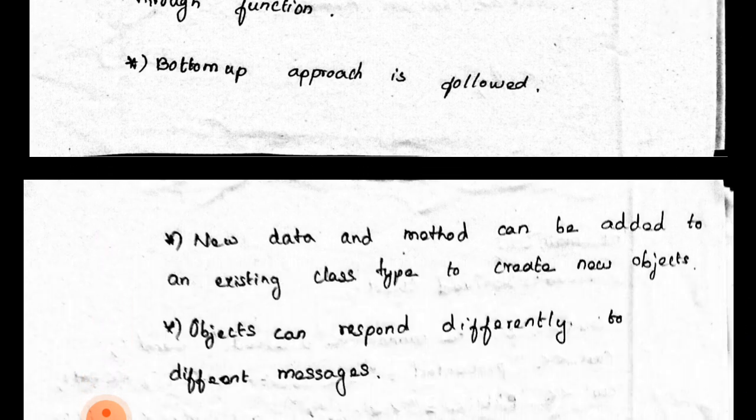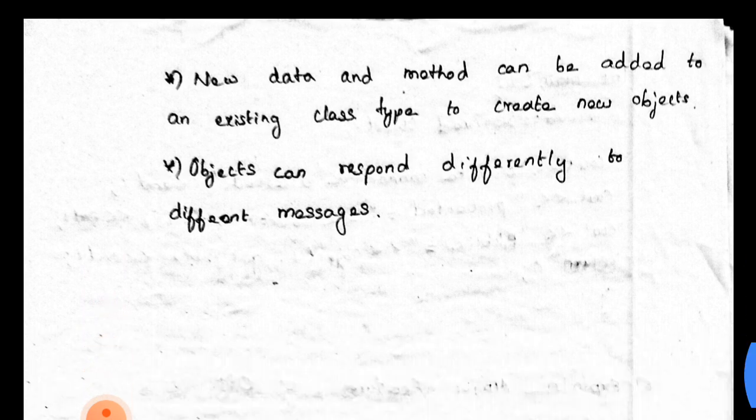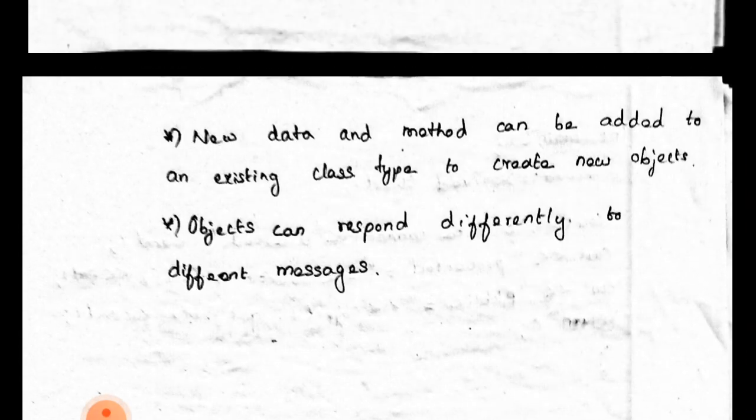Then, to create a new object, new data and methods are added to an existing class. It can respond differently to different messages. By it, the user can communicate through the object.